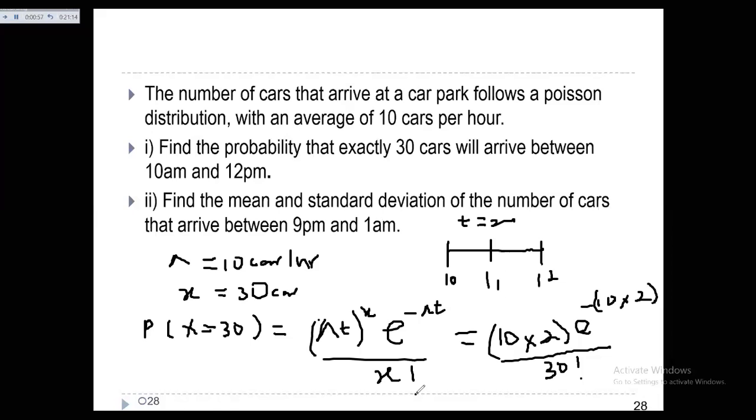Yeah, so what are we getting? What are we getting for our answer? Adai, what are you getting?